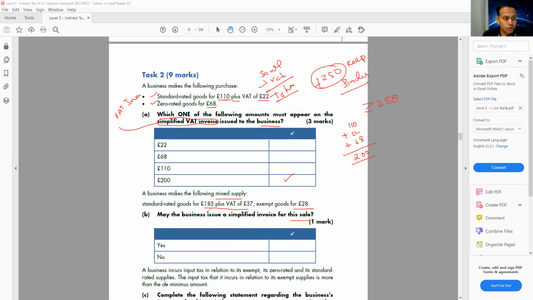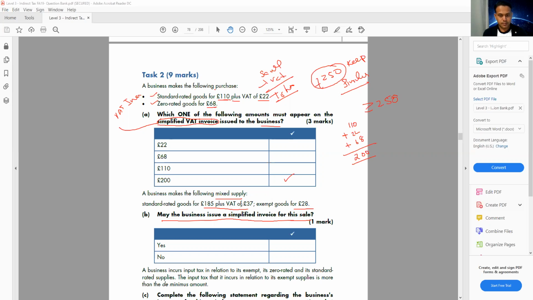Okay, so for this question, may the invoice issue a simplified invoice for the sale? What will be your answer? What do you think? Can you issue or not? So we have 185 plus 37 plus 28. How much is it if you add all of this?